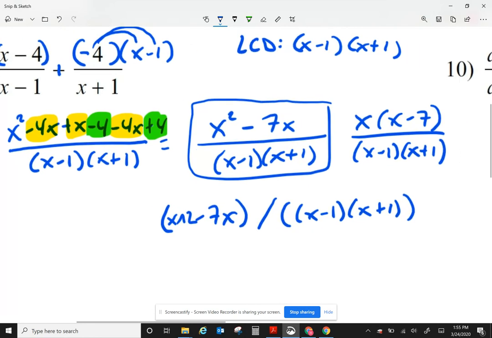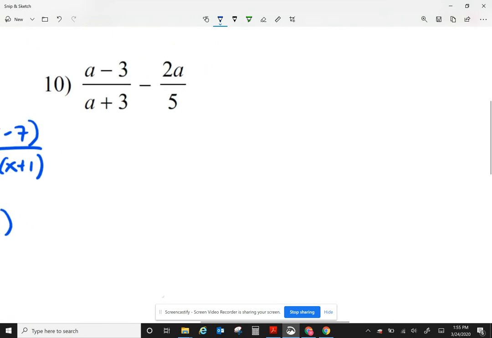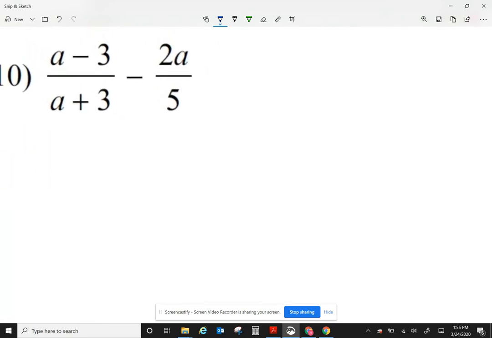All right, let's take a look at question number 10. First, I want to see my denominators. I'm looking if I can factor them. Nothing I can factor. I'm seeing if I can cancel things out from the top. I cannot cancel the a plus 3 with the top because they're not exactly the same thing.